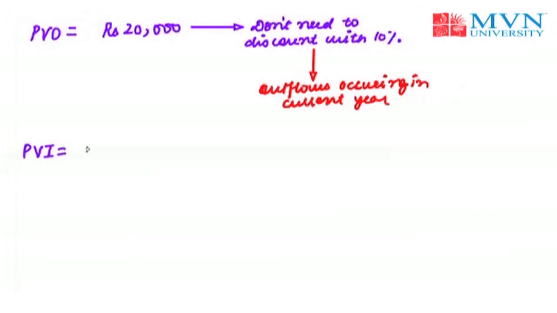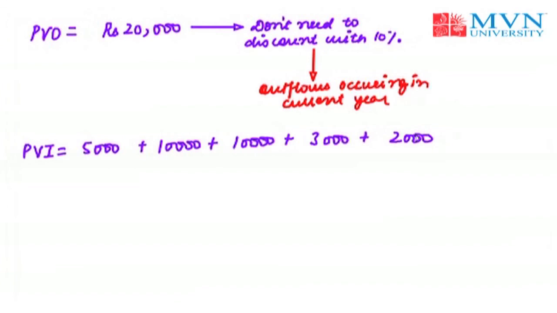We had 5 inflows, that is 5,000 for the first year, 10,000 for the second year, again 10,000 in the third year, 3,000 in the fourth year, and 2,000 in the fifth year. Now we need to discount them with the appropriate cut-off rate which is given to us, which is 10%. So we are discounting each of the cash flows with 10% for each year.